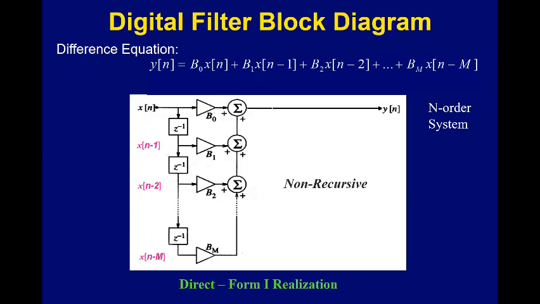Here, though, they create a whole class of discrete time systems and filters that actually are extremely useful and have some extremely wonderful properties. So we'll be spending a lot of time distinguishing the characteristics of non-recursive systems.